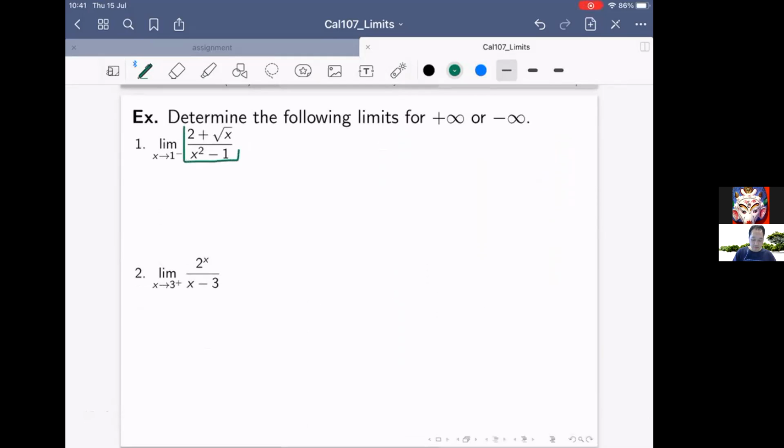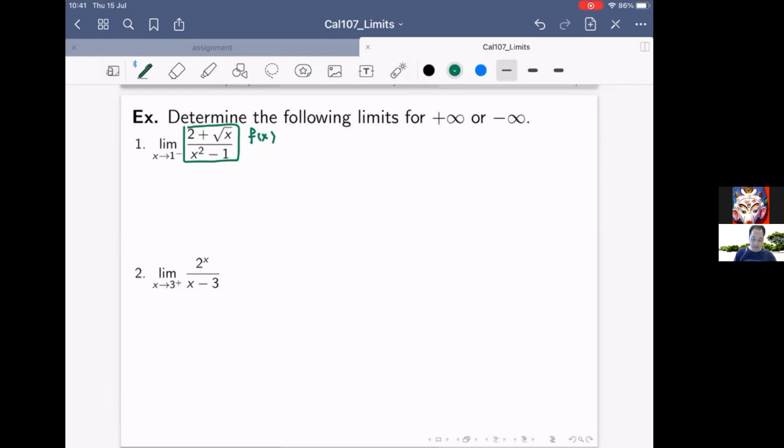So we are going to regard this one as your f of x. If the instruction doesn't say that you need to determine it, why do we say that it goes to infinity or negative infinity? You just roughly plug in.